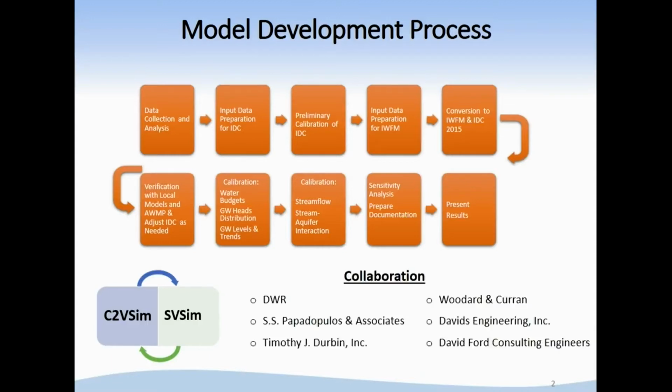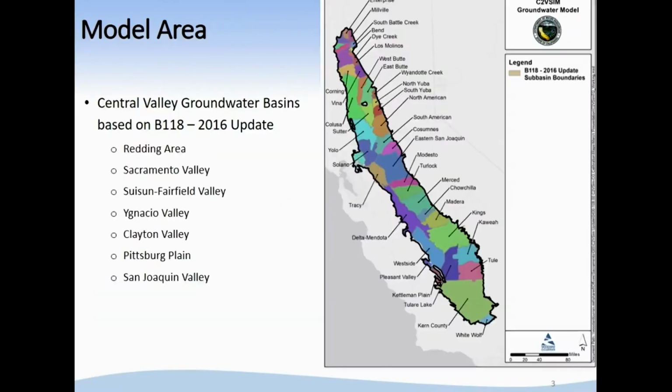In that perspective, we've been working collaboratively with many different consulting companies and DWR. Many folks, as John mentioned, from DWR, Woodard & Curran, SSPA, Davis Engineering, Timothy J. Durbin, and David Force Consulting Engineers have been working together to get this model set together and calibrated.